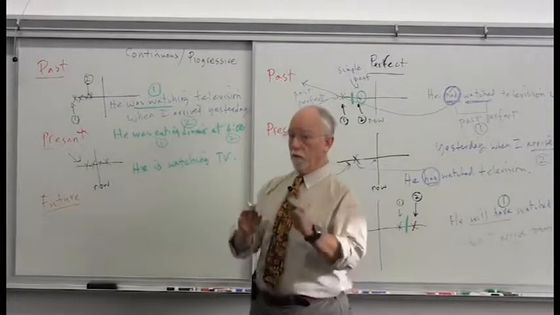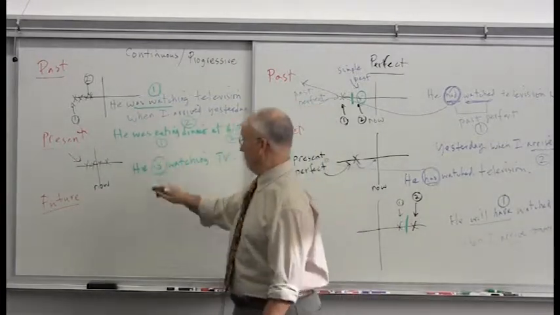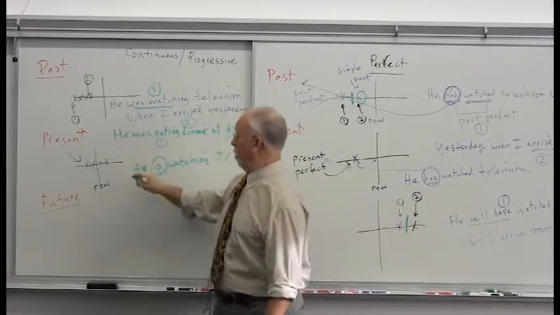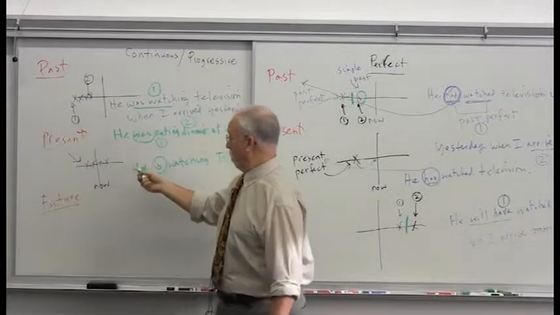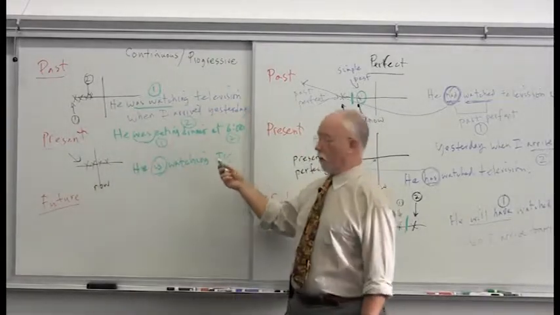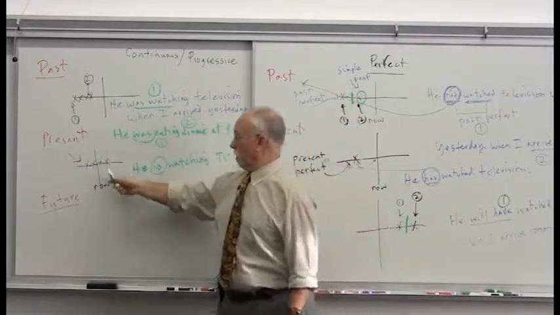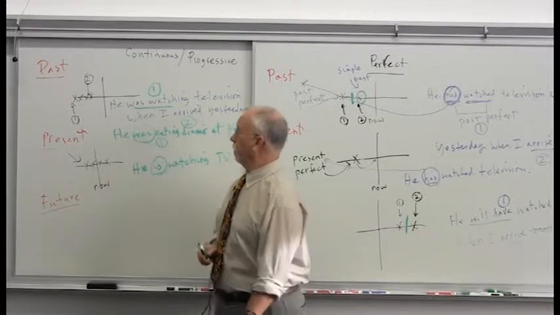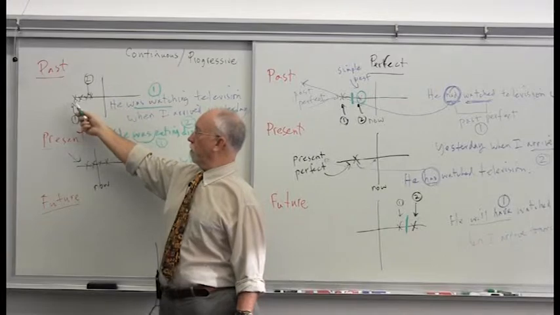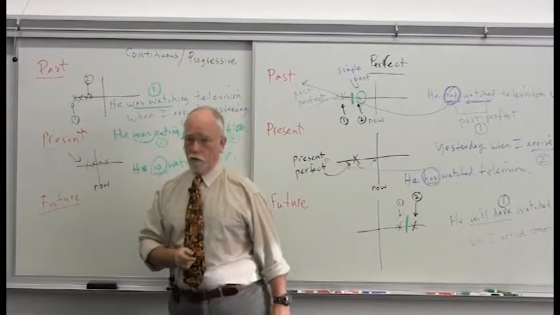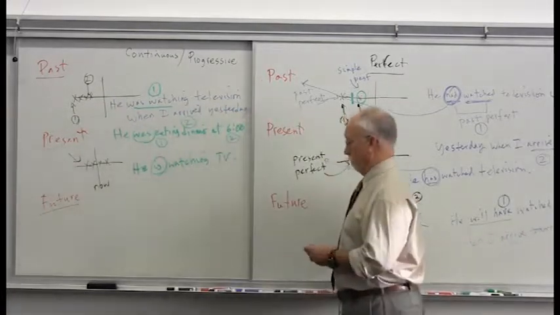So it's happening now. So here we have present, because it's happening now. Here we have past, because that was the past action. So this is why we call this the present continuous, because it's happening now. Now, he may still be watching TV, but at 6 o'clock, he was still doing it, or he was still doing it when I arrived.